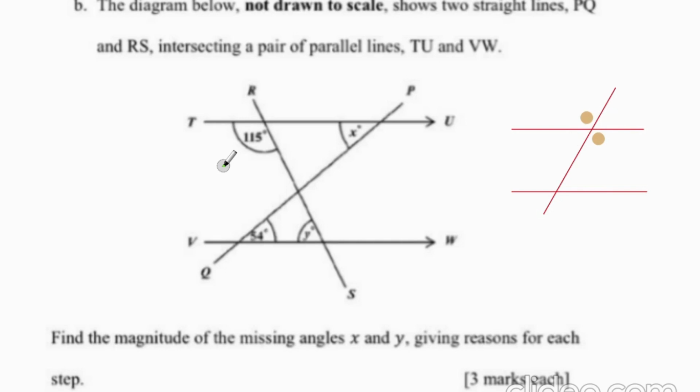Also keep in mind that within the Z, this angle is equal to this angle. Again, let me trace that Z for you. See that Z right there? And what that also means is that this angle is equal to this one. Again, that's from the same Z. So those two angles are equal.